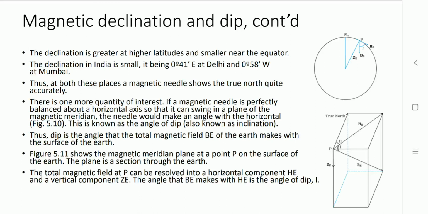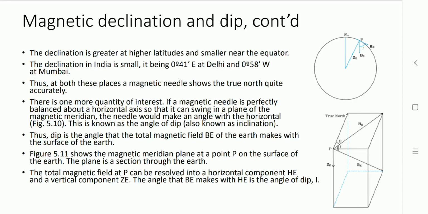The total magnetic field is BE, available at point P on the surface of the earth. Now BE has two parts. One is the horizontal component HE and another is the vertical component ZE.